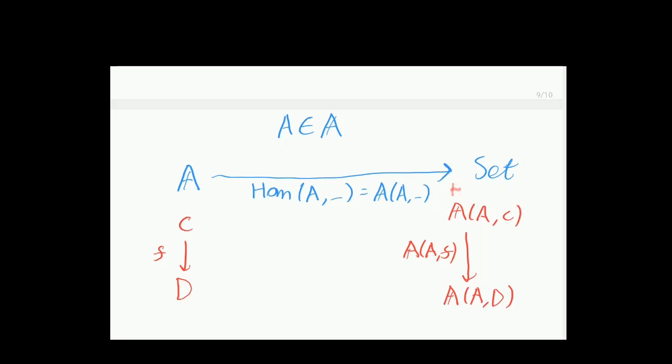This function is going to send an arrow K from A to C to the arrow F after K, which goes from A to D. And that's it. That's how this hom functor works.